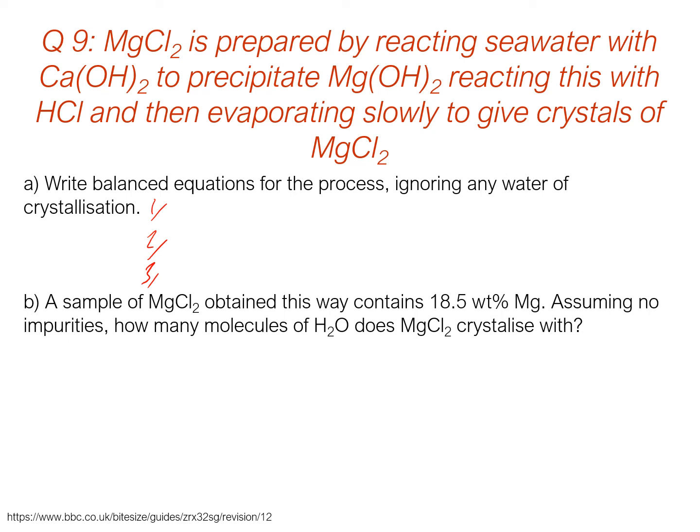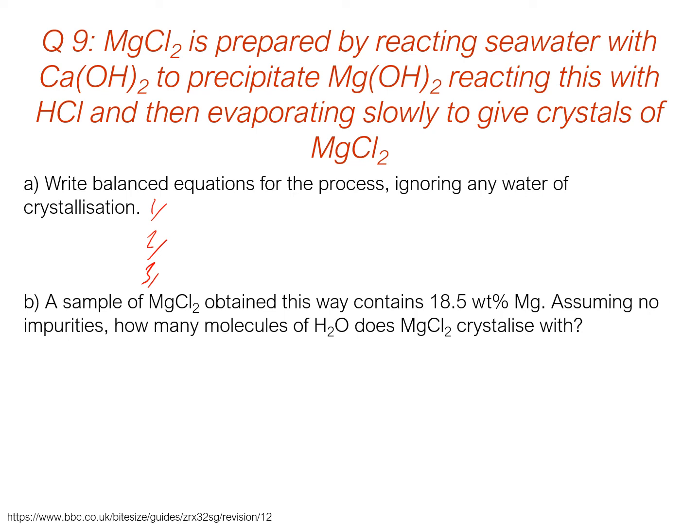So the first one is reacting seawater with calcium hydroxide to precipitate magnesium hydroxide. In the videos I was mentioning how magnesium is actually one of the most abundant ions in the sea. It's the second most abundant cation in seawater.